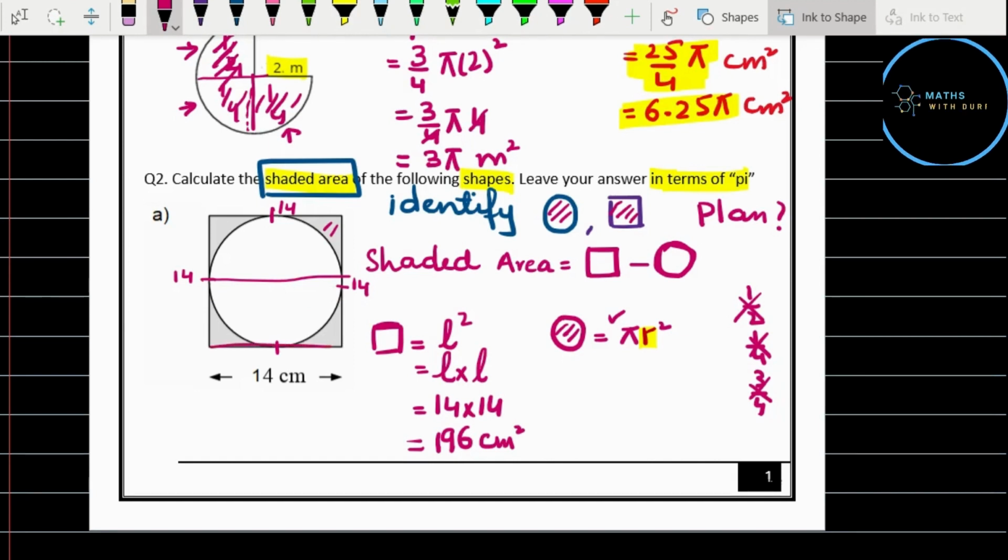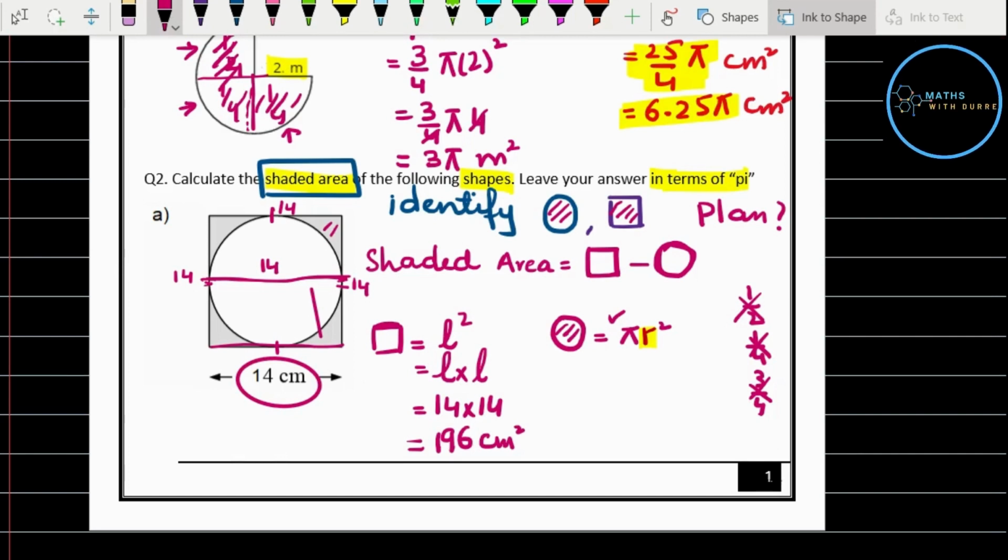This line is parallel to this line. I just drew a middle line as a diameter. Why? Because on both sides, you can see the circle is going to touch the square. So that means the diameter value will be the same as the length of the square. So it will be 14.